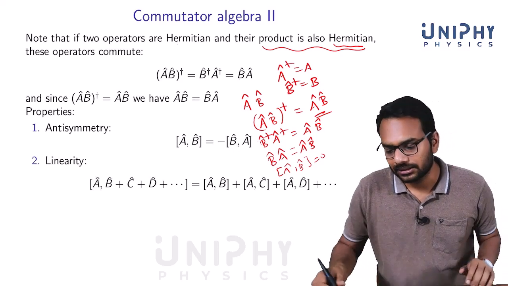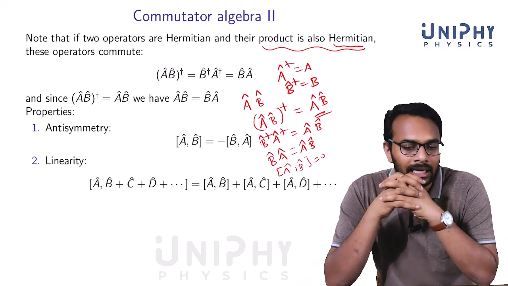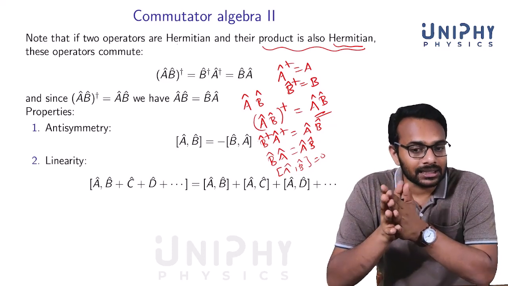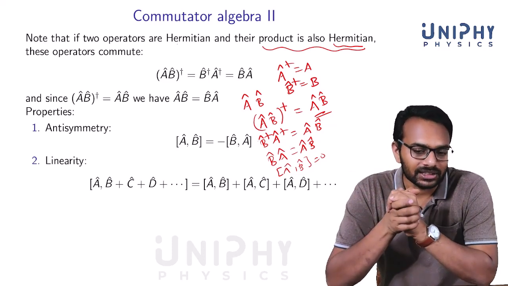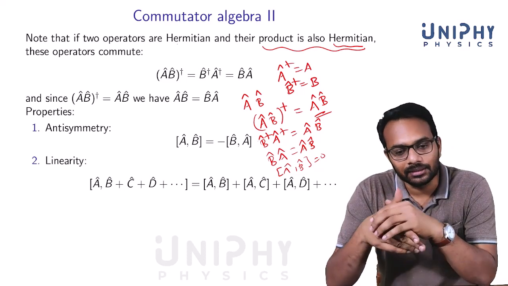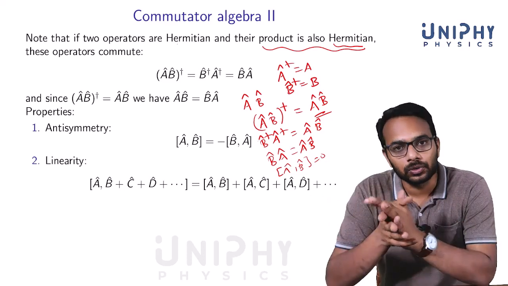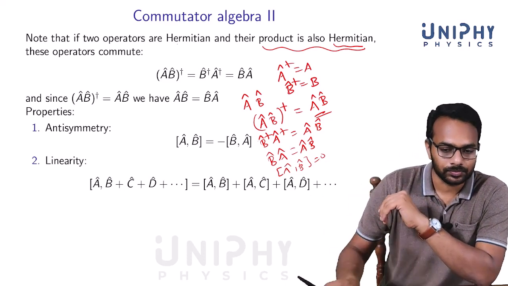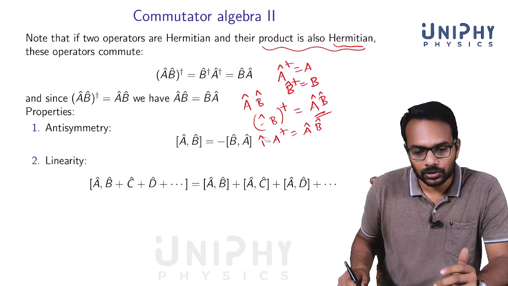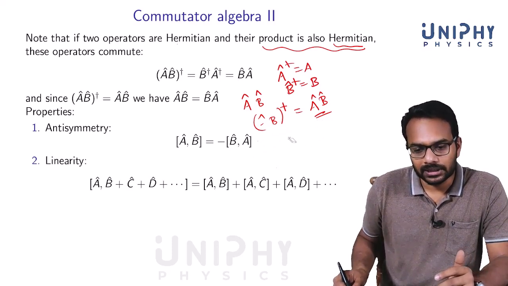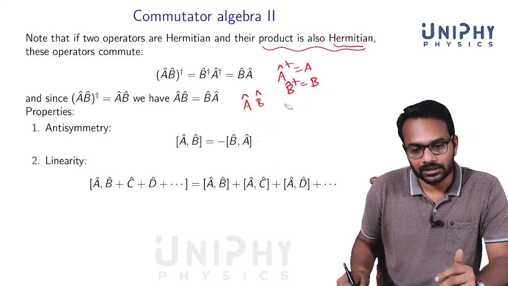So this is a slightly roundabout question that can be asked: if two operators are Hermitian and their product is also Hermitian, then these operators will commute. It is a potential question of the type 'which among the following is true', or you could do it as an exercise: show that two operators commute if they are Hermitian and their product is also Hermitian.